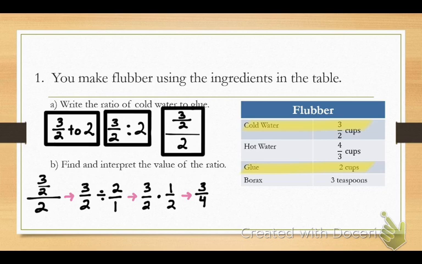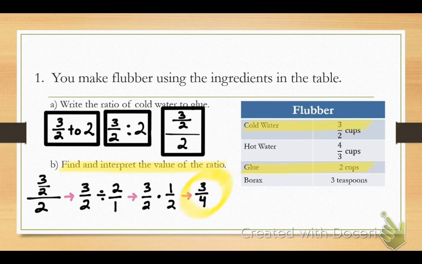But here's what it says. It says to find and interpret the value of the ratio. Remember when we wrote before, we gave a full sentence about what it meant to interpret something. So I'm going to explain to you what it means to interpret this. This basically is saying the amount of cold water in the recipe is 3/4 the amount of glue.